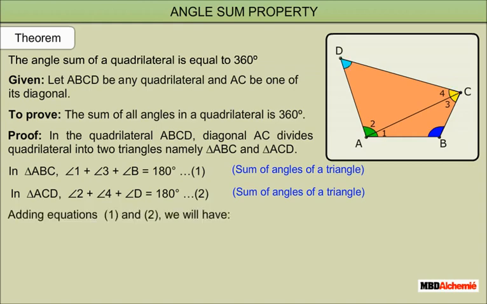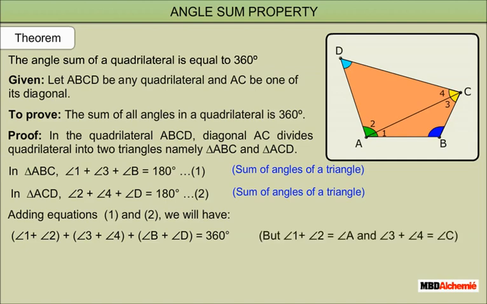On adding equations 1 and 2, we will have angle 1 plus angle 2 plus angle 3 plus angle 4 plus angle B plus angle D is equal to 360 degrees.